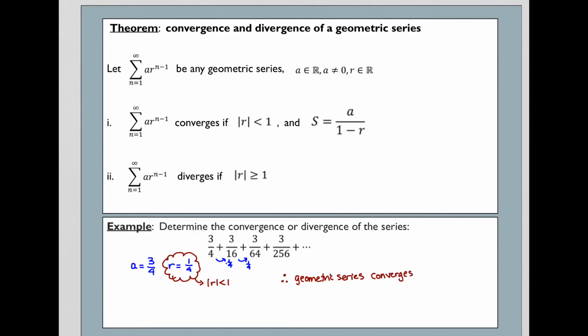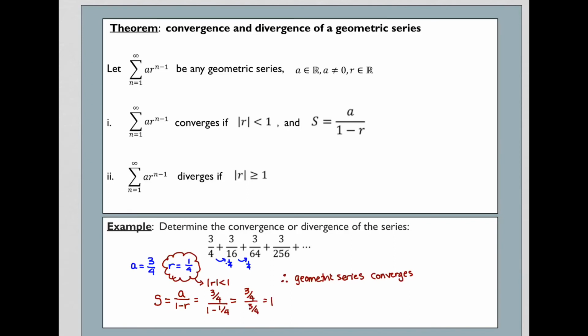And more than that, we can actually find the sum of this infinite series. All right, so what is that sum? So the sum of the infinite series is given by a over 1 minus r. So our a value is 3/4. Our r value is 1/4. So we have that the sum of this series is going to be 3/4 over 1 minus 1/4, which is 3/4 over 3/4, which is just 1.